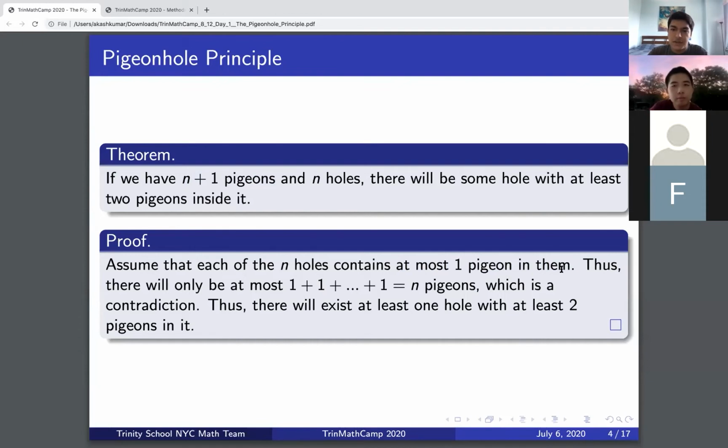If this initial assumption is wrong, then what we want to be true, that there's some hole with at least 2 pigeons in it, must be true. So this is a formal proof of this theorem. It should make intuitive sense. If you have 2 pigeons and 1 hole, they're going to have to share that hole.